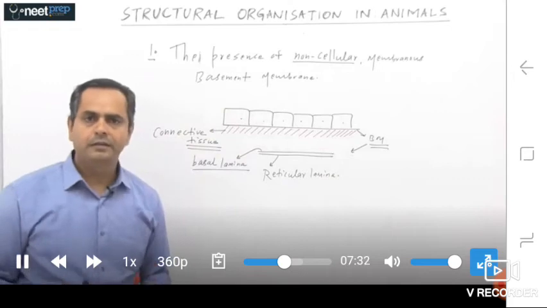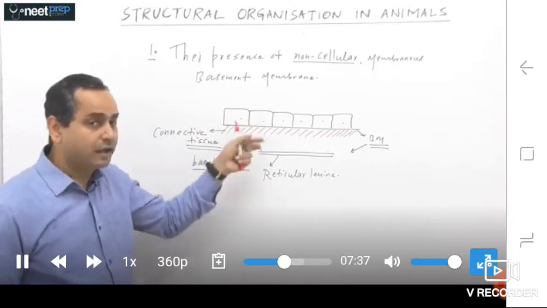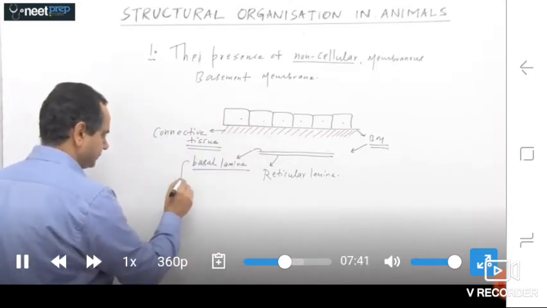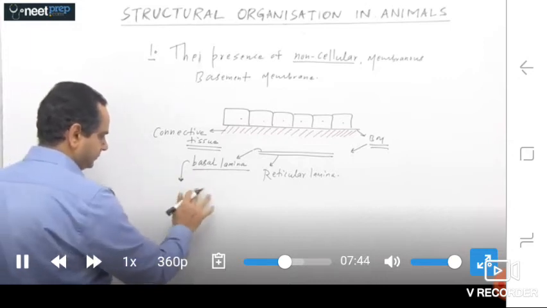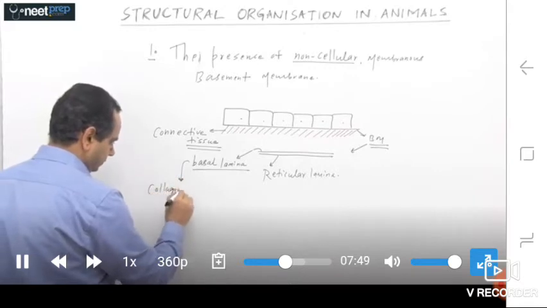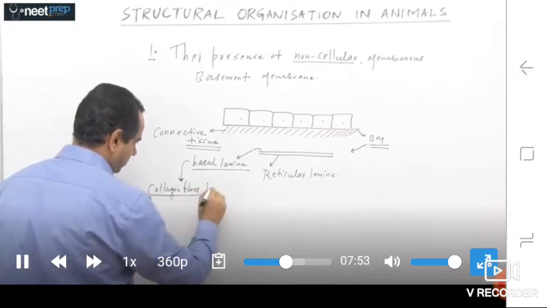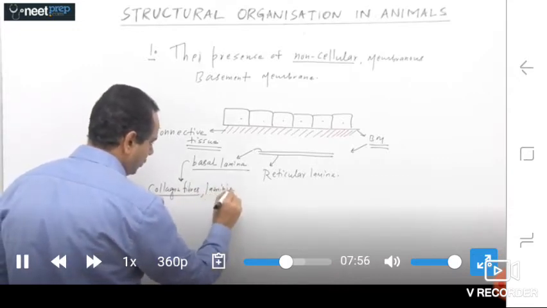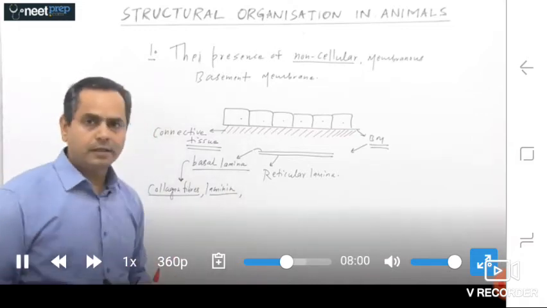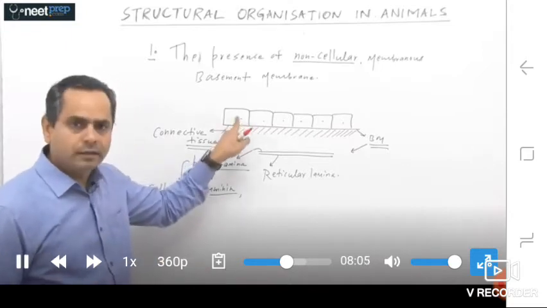And one thing is very important here. The basal lamina contains collagen fibers and laminin proteins, and it is secreted by epithelial cells only.